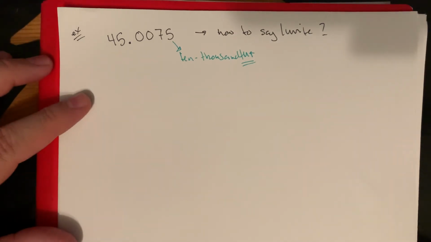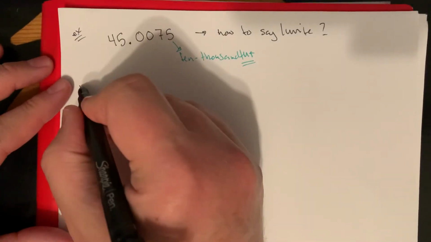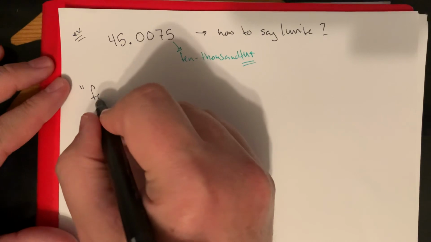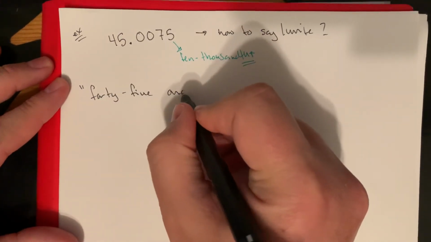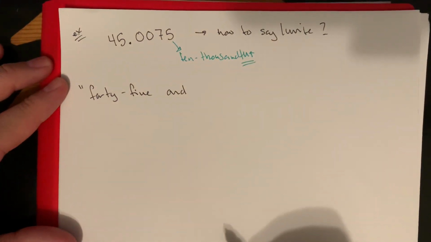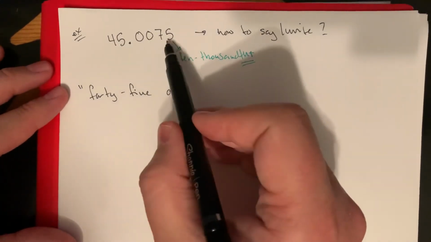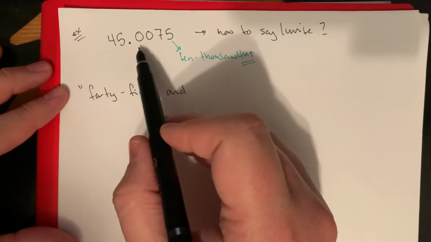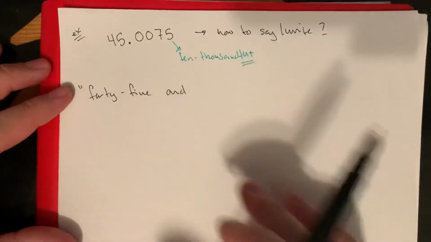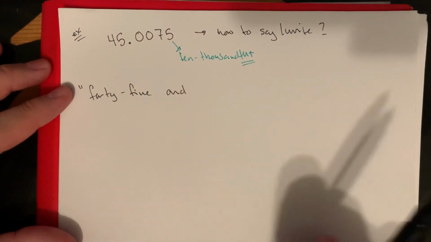So we get that place value going, and then to write it, we say 45, and then transition from the whole numbers to the decimals. The decimal here is 75. It doesn't necessarily matter if we have these extra zeros in front. It's a 75, but it's shifted further to the right.